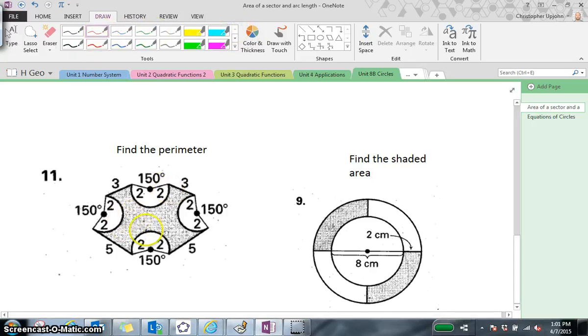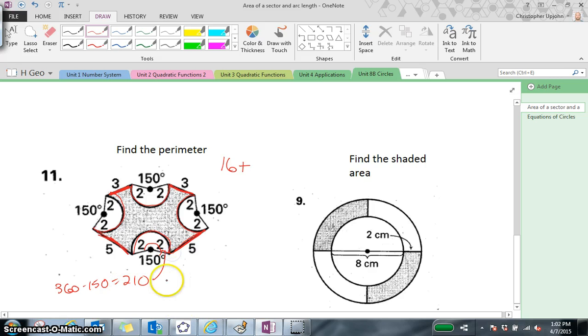Number 11 here, we want the perimeter. We already know this 3, this 3, this 5, and this 5. So 3 plus 3 plus 5 plus 5, we already know 16. We just have to find these parts. Now, we know they're all the same, so we just have to find one and multiply it by 4. But notice 150 is this outside angle. We want the inside angle. 360 minus 150 will give us 210.